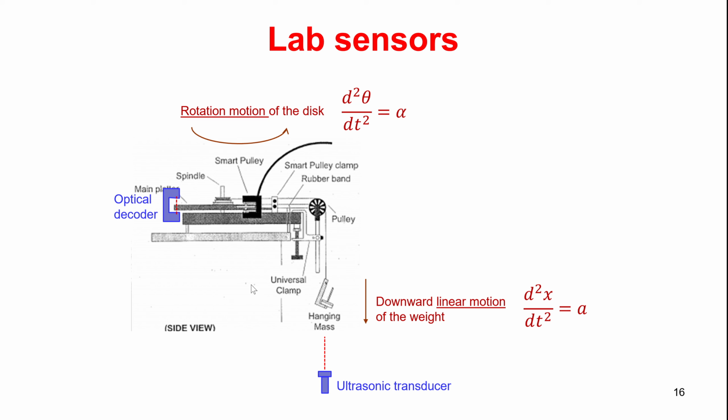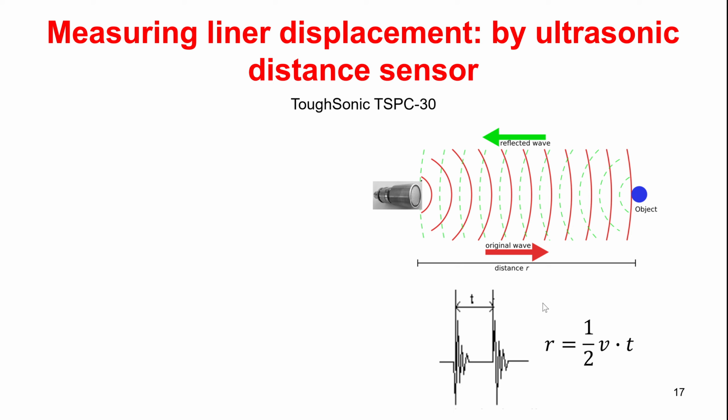Okay, so we have an ultrasonic transducer, and we have an optical decoder. Let's learn how these two work. The working principle of an ultrasonic transducer is pretty simple. You are going to generate some sort of a wave, and this wave is going to hit your object. Your object is going to reflect the wave back, which is going to be received by the ultrasonic transducer.